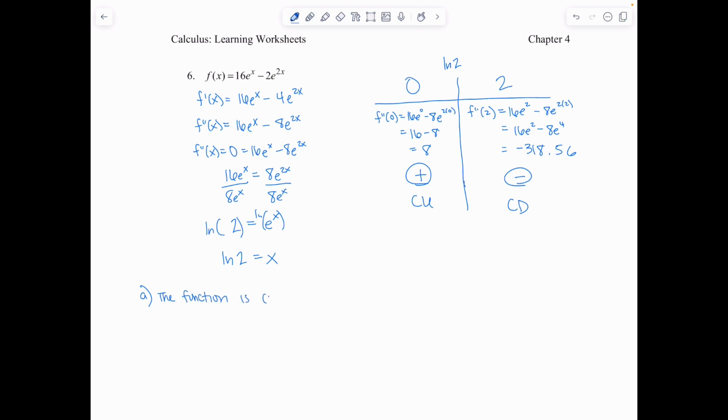The function is concave up on the interval, or concave up from negative infinity to natural log of 2.